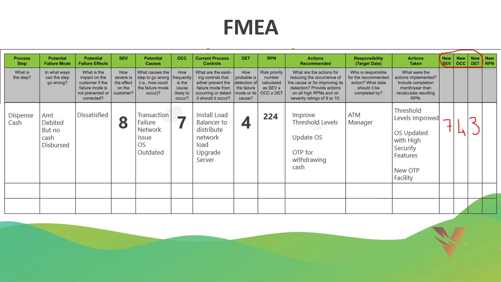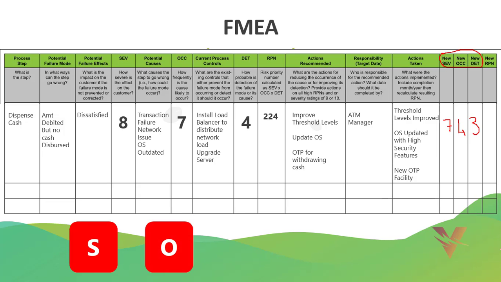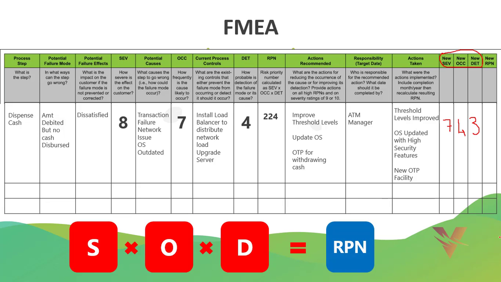Now the new RPN, that is severity, occurrence and detection: after taking the product of all these things, that is 7 into 4 into 3, we get the risk priority number, that is 84.